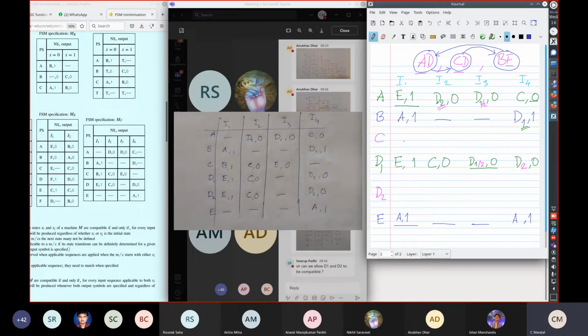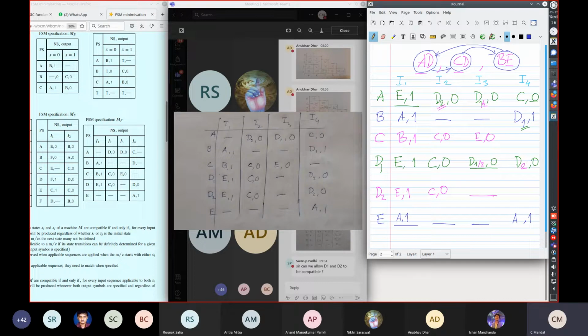Now let us go to C and D2. C is going to B with an output of 1, and D2 is going to E with an output of 1. On input 2, C is going to C with an output of 0, and D2 is also going to C with an output of 0. And on this, C is going to E with an output of 0.